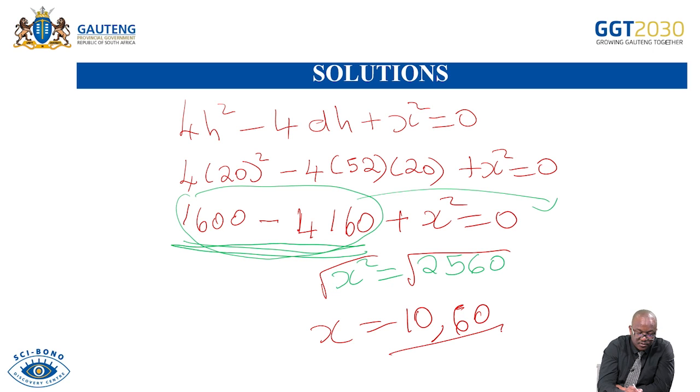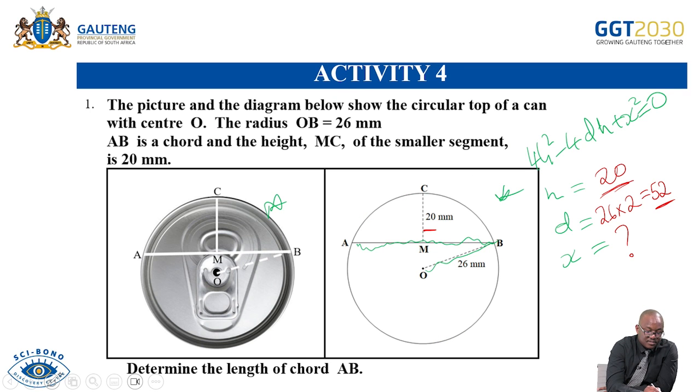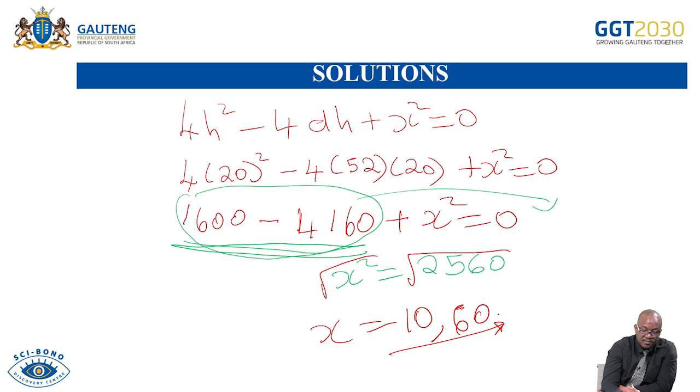When you round it to 2 decimal places, you're going to get 10,60, and we're talking about millimeters there. So this is how you are going to get the length of a chord.